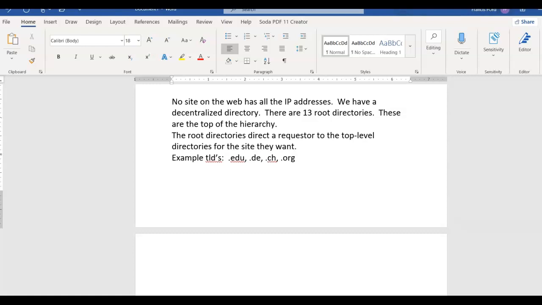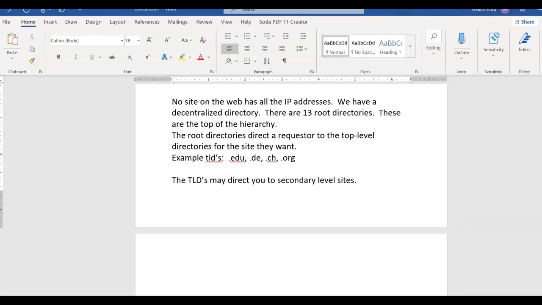Now, the TLDs may direct you to subsites. I guess they would be called secondary level sites.